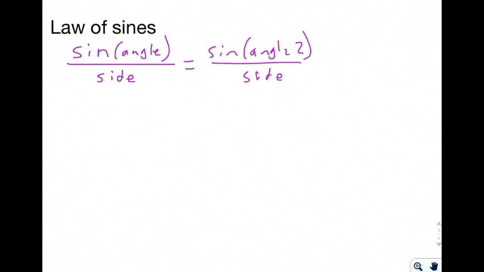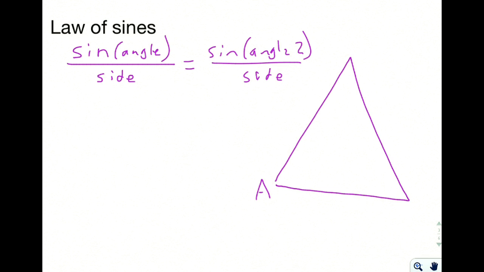So this part here you might not need to write down. If we have an example triangle, let's do that one right here. Let's label the corners, the angles A, B, and C. Now A, B, and C are all angles. I'll even put a little angle sign if it helps you remember that those are angles. Then you have the sides, and the sides opposite the angle get that name.